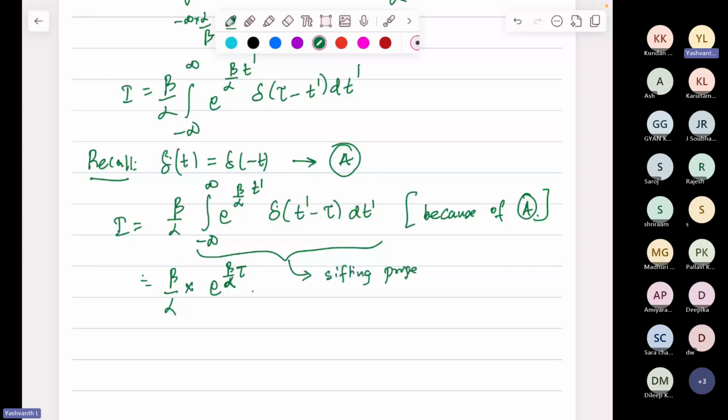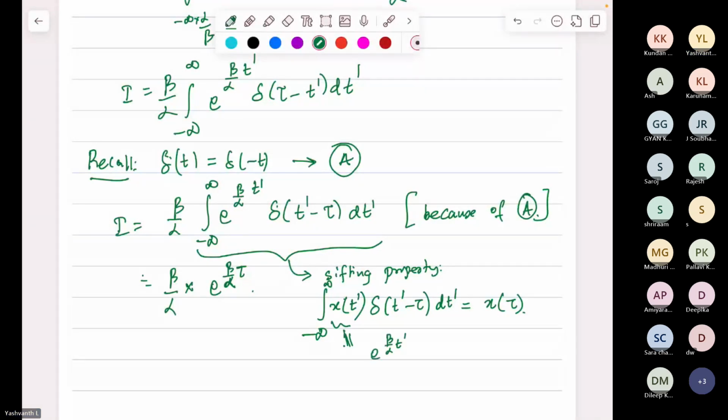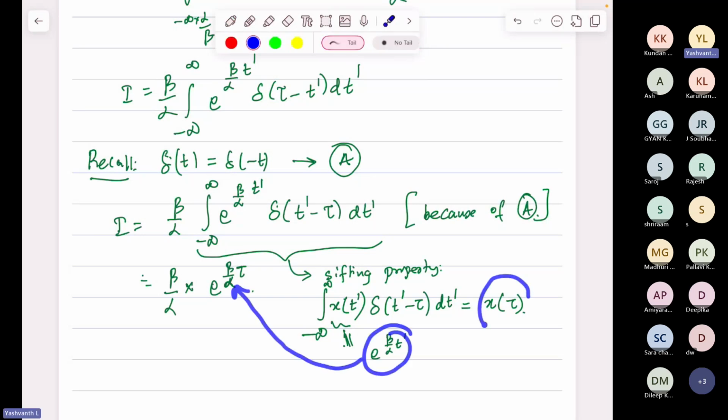That is, the integral from minus infinity to plus infinity of x of t dash into delta of t dash minus tau into dt dash is the same as x of tau. So think of your x of t dash as e power beta by alpha t dash. Now, it's nothing but x of tau, that is e power beta by alpha into tau. Is it okay?